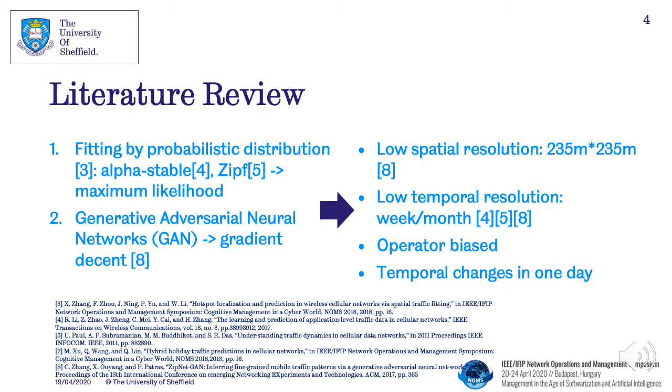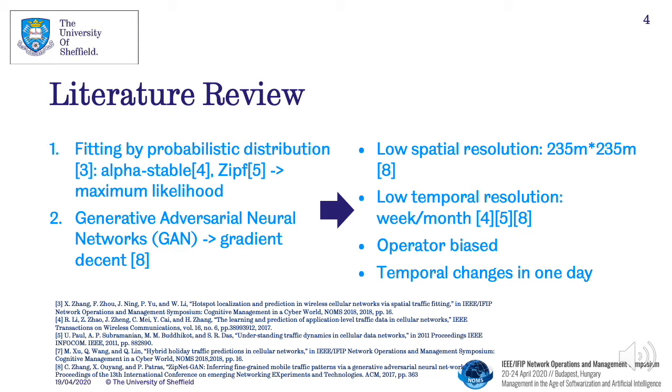Another one is that the temporal resolution is very low. It's week-long or month-long research. That's not what we require. And thirdly, it is operator biased. They usually collect one operator's data. As we know, there are a lot of operators, and we want to understand the distribution of users, which maybe can reflect the distribution across all operators.